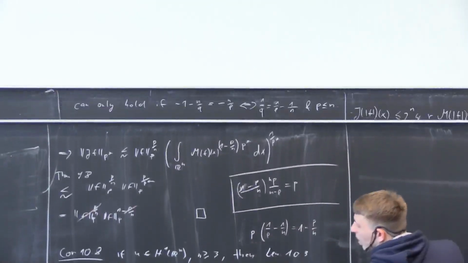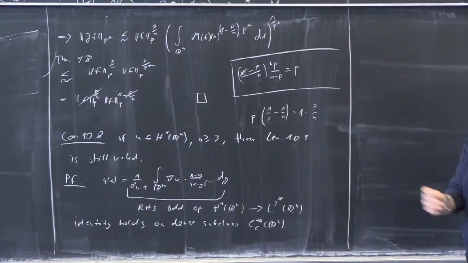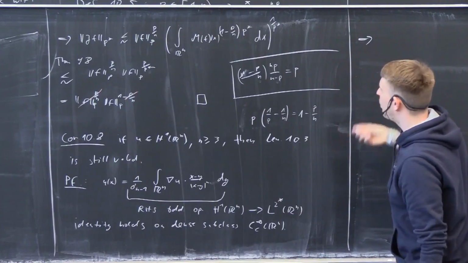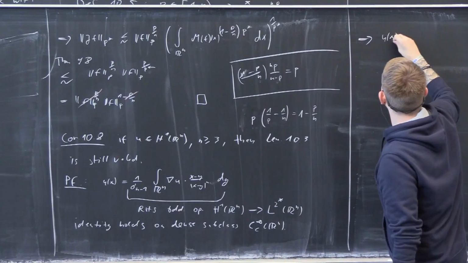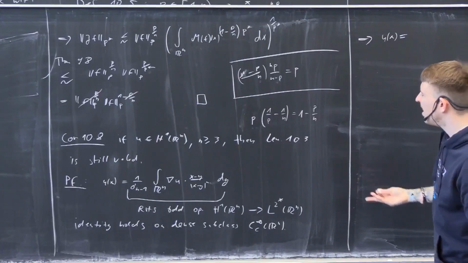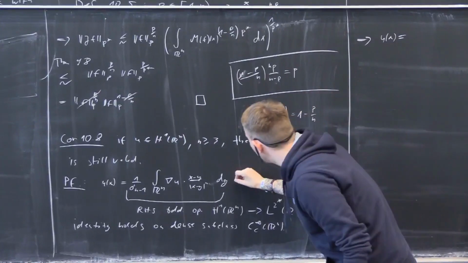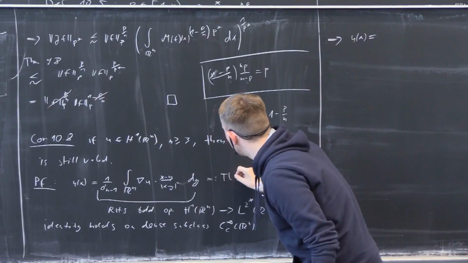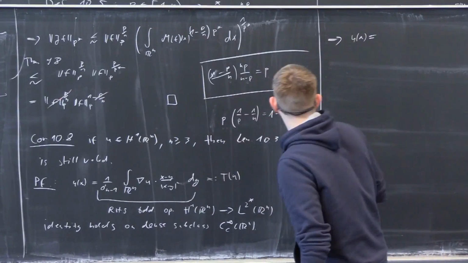Okay? Holds on a dense subclass, and bounded implies that we have, in fact, u(x) is equal to, let's write here for the right hand side shortly T(u).